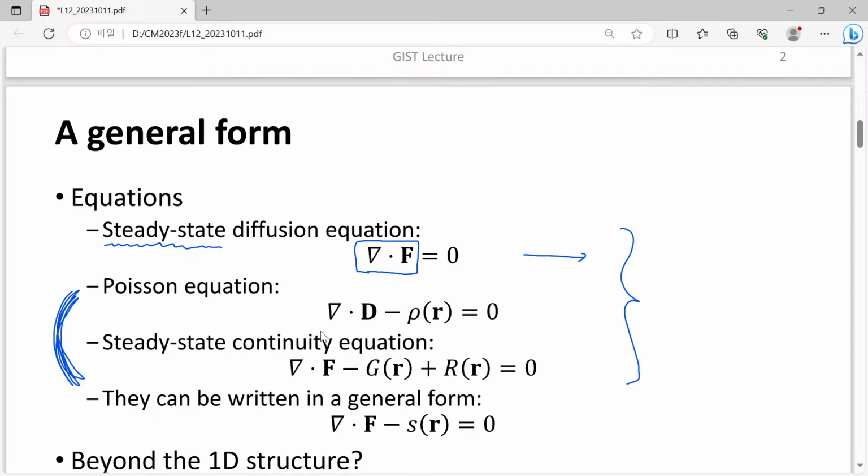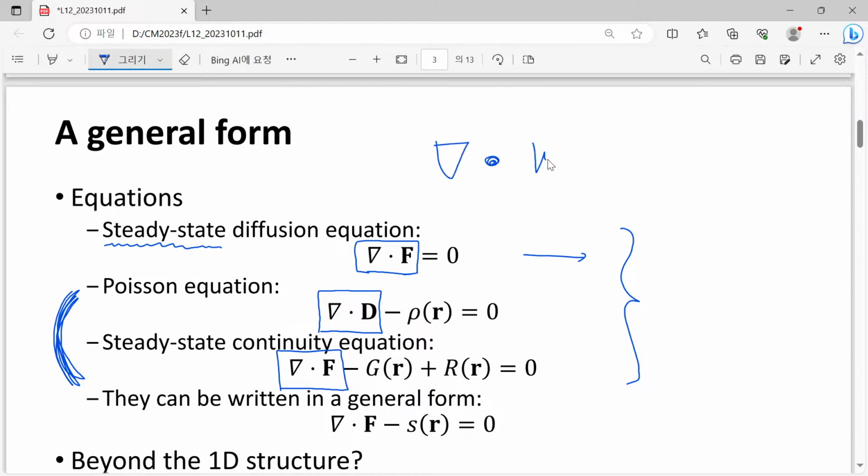You can find that there always appears a term like this: the divergence of a vector field. It can be called flux F, or displacement vector D, whatever, but anyway it can be represented in this way.